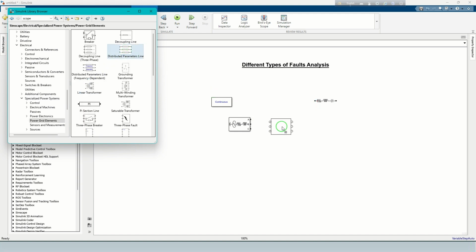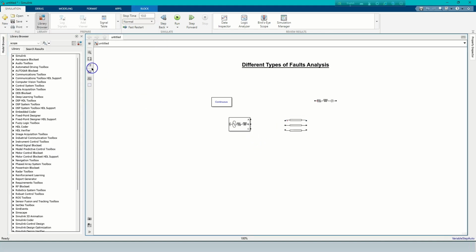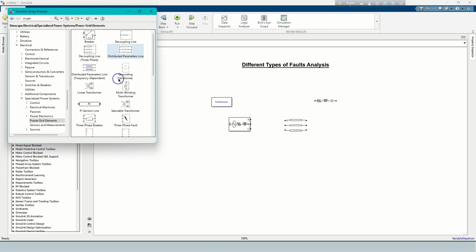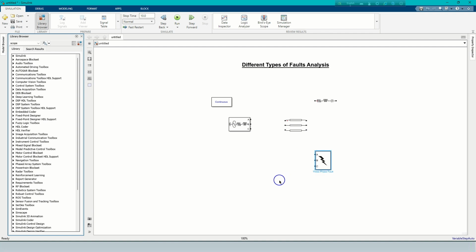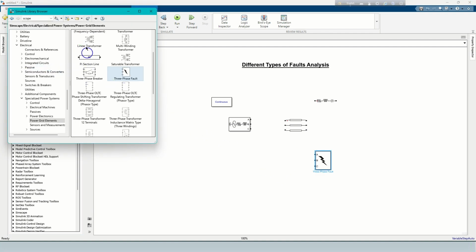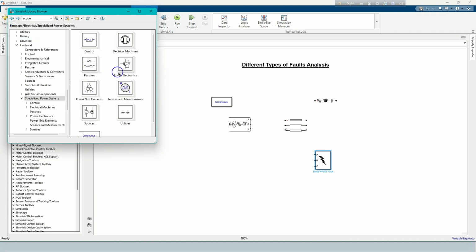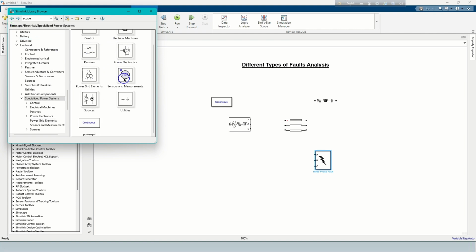A distributed parameters line to simulate transmission line characteristics. A three-phase fault block that allows us to introduce different fault conditions, such as line-to-line, line-to-ground, and three-phase faults.